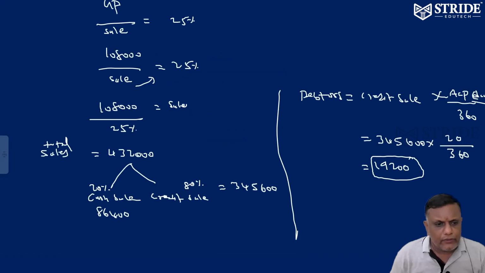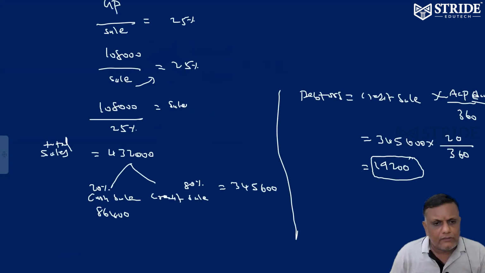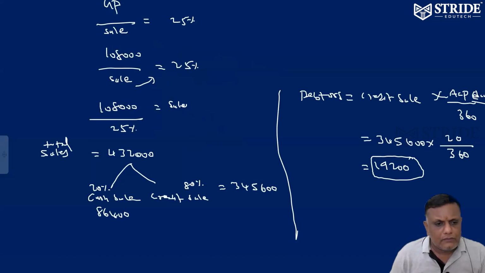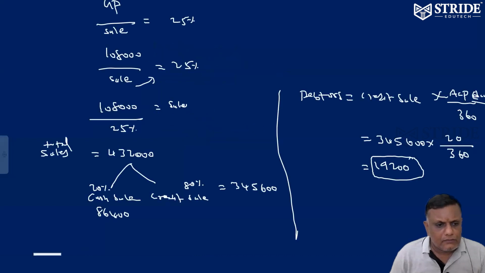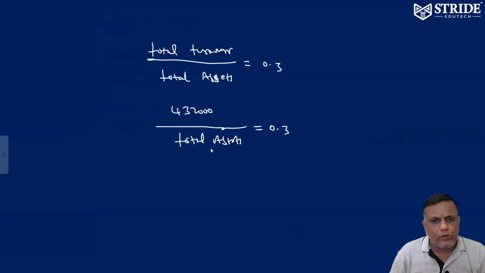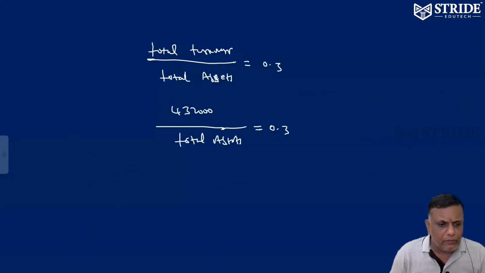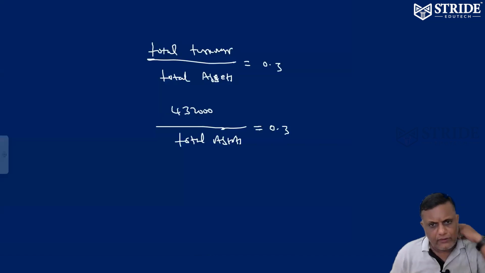So total turnover is 4,32,000 by total assets, that is equal to 0.3. Please check it out. Please check 0.3. Right.